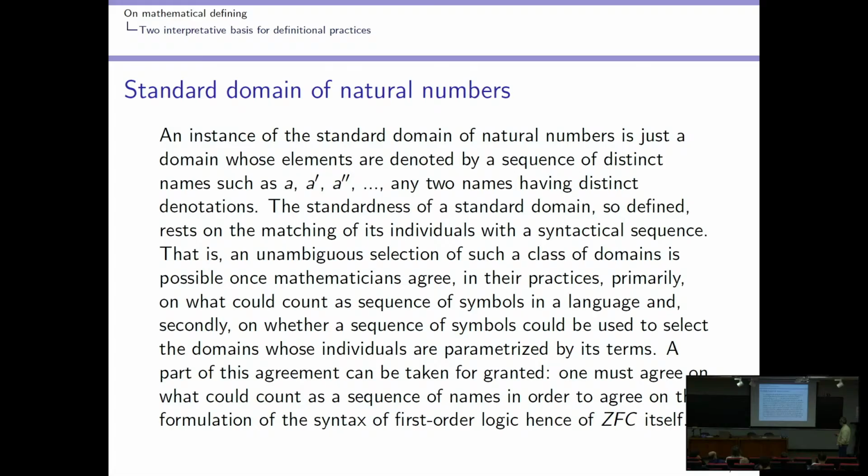Here I'm saying that a part of this agreement can be taken for granted. If we don't agree on what could count as a sequence of names, if we don't agree on what is the iteration process itself, we cannot agree on what is ZFC itself or any other first order framework.